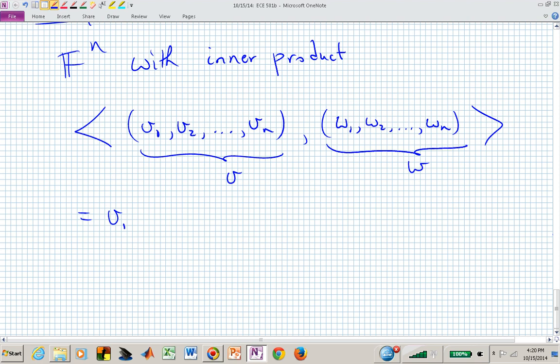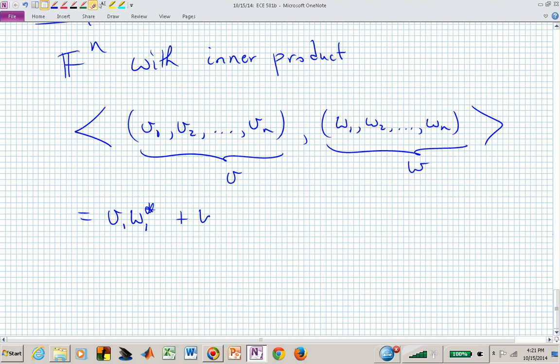So we have v1 times w1 star, and each of these coordinates are scalars in our field that we're using for F^n, meaning v sub 1 and w sub 1 could be complex scalars, or they could be real scalars. If they're real scalars, the conjugate trivializes.